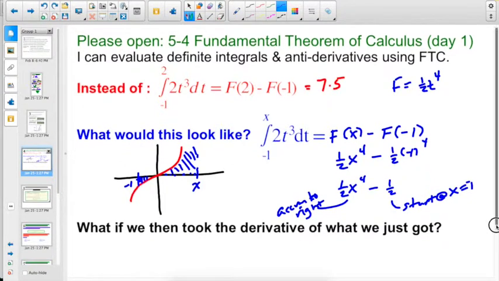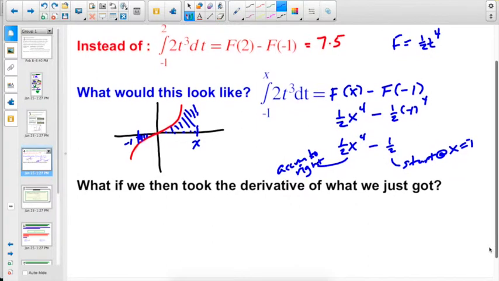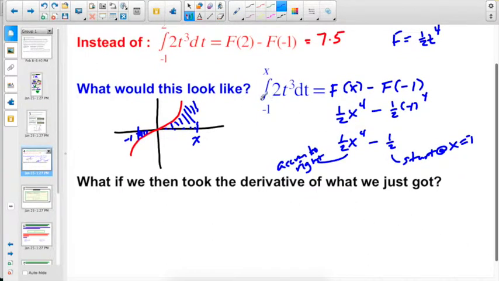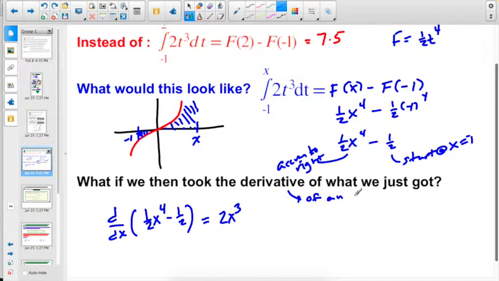But this is where they take this. They say, well, okay, that's all fine and good. We evaluated this antiderivative from -1 to some random location x. But what if, after getting that result, we took the derivative of what we just got? So now we take the derivative of 1/2 x to the 4th minus 1/2. And that derivative ends up being 2x cubed. And so if we notice, basically what we did is we just took the derivative of an antiderivative.